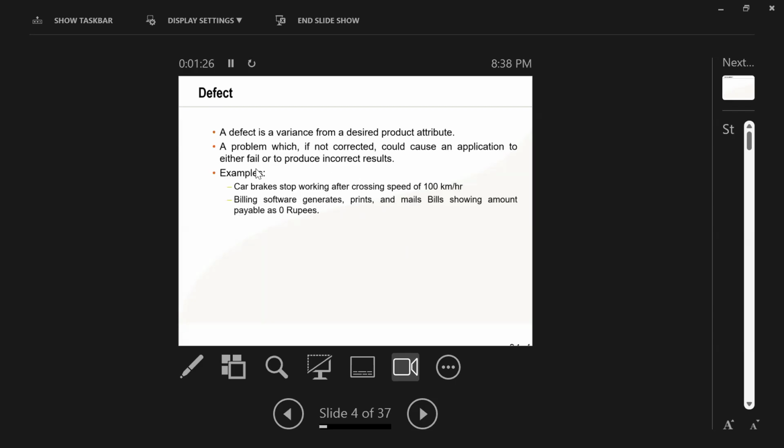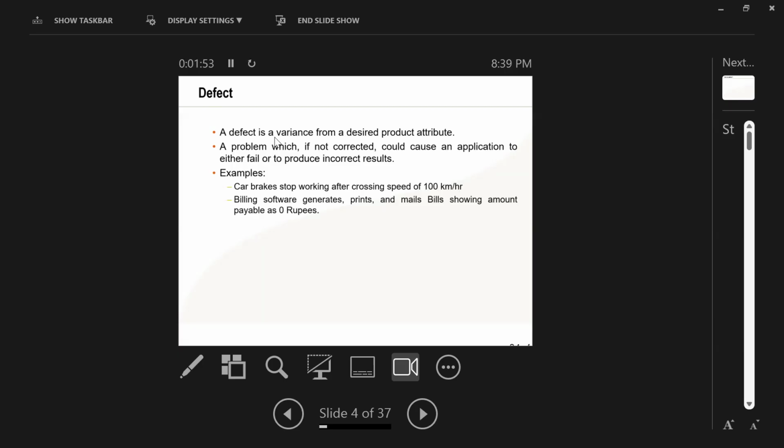Even if it is a very simple UI thing, say it is written as CAR as per the requirement document, but it is written as CAR in italic or some other format, that is also a UI defect. Keep in mind that UI defects, whatever the text or content, are defects, not only the functional things.